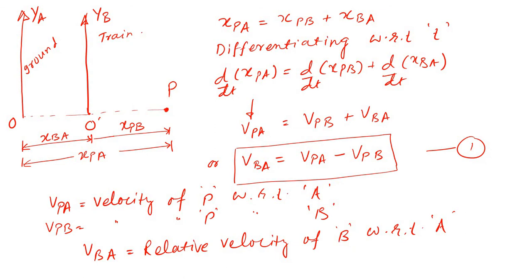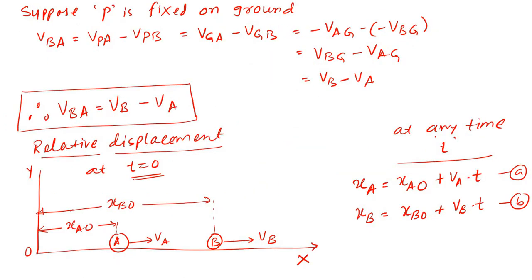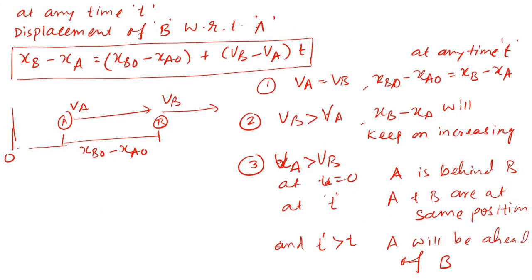If the particle is stationary or fixed on the ground, then also we can find out the relative velocity, and relative displacement also in this manner, right? So these are the three cases, and we'll have examples based on these three cases and relative velocity in our subsequent sessions, right? So that's all from my side in this session. Thank you.